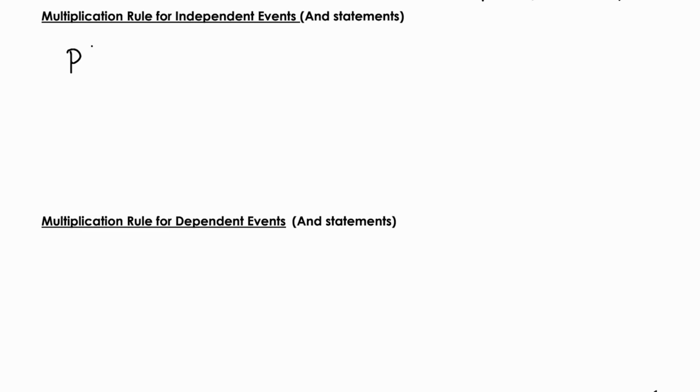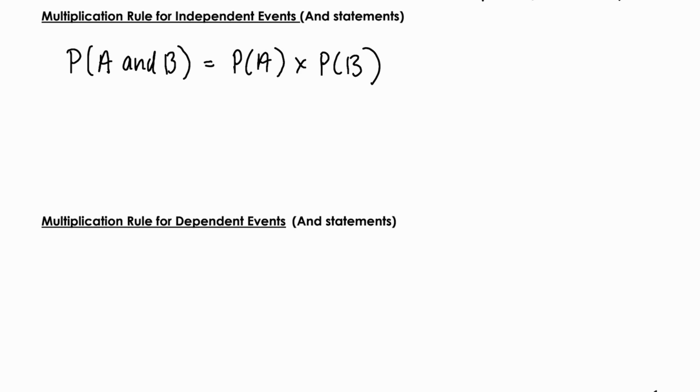If the events are independent, then the probability of event A and event B happening is you just take the probability of event A and multiply it by the probability of event B. This is only if event A and B are independent.